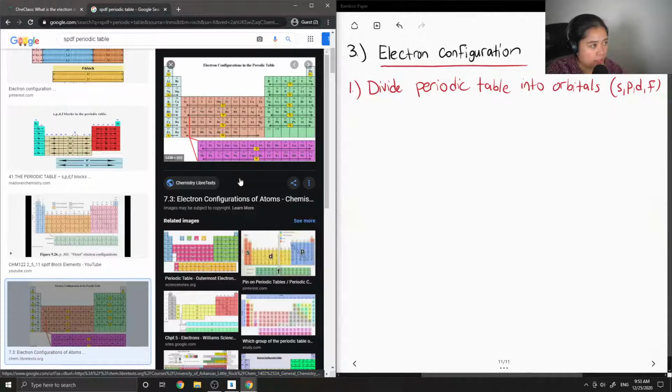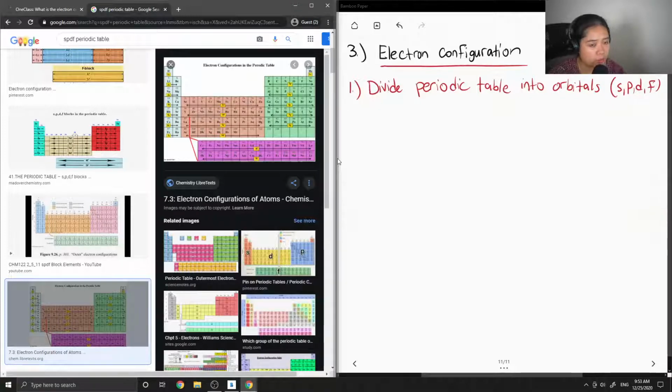You can see the two left columns and helium are light blue, and they correspond to the S block. The green rectangle here is the P block, and the middle transition metals is the D block. And finally, the bottom two rows are the lanthanides and actinides, and it is the F block.